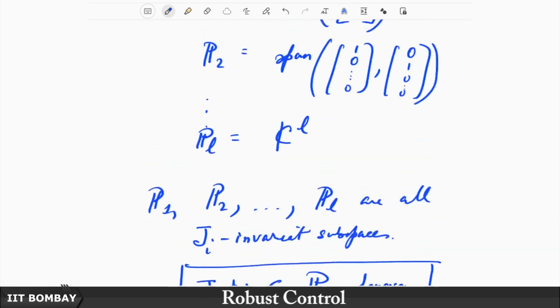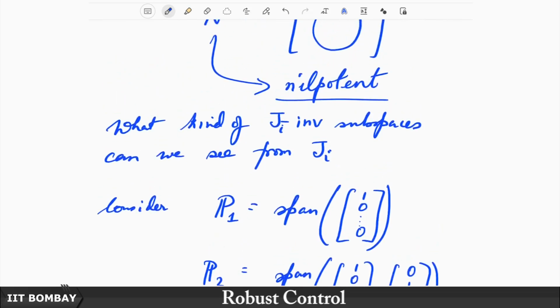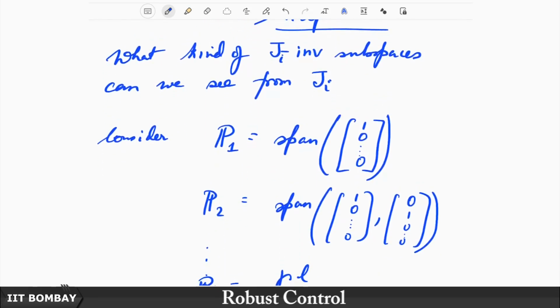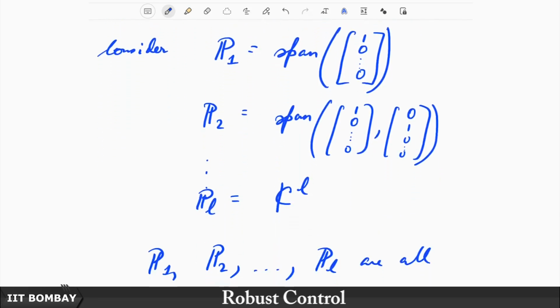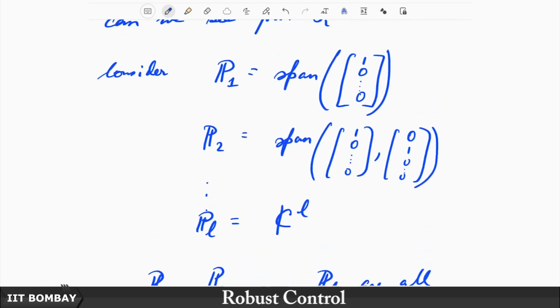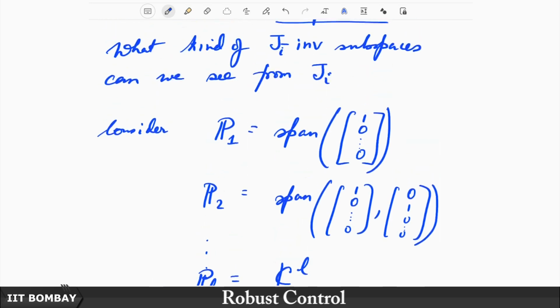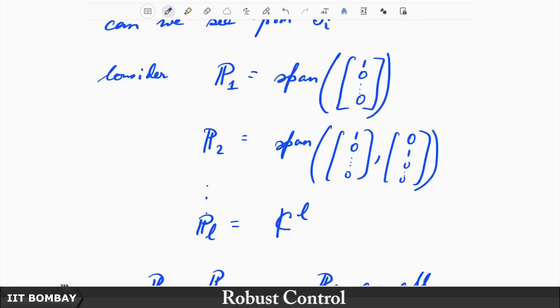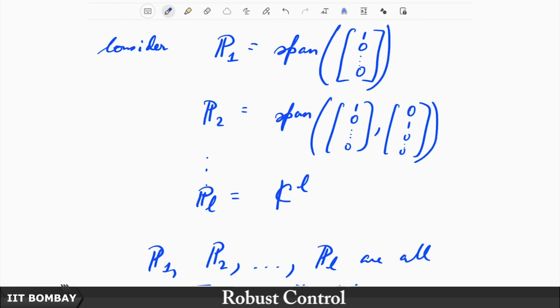Remember we said that there are basically Li Ji invariant subspaces, this is P1, P2 through till PL, right. We have already given you construction of these. If you can append them suitably with zeros, you will see that corresponding to these subspaces, you can also get A invariant subspaces.